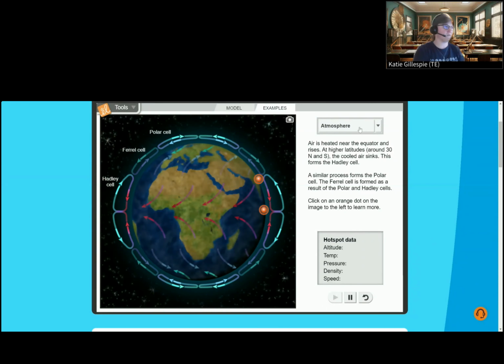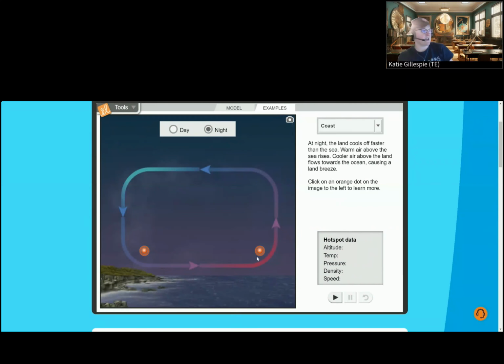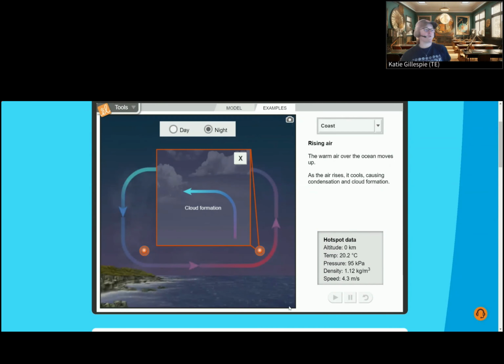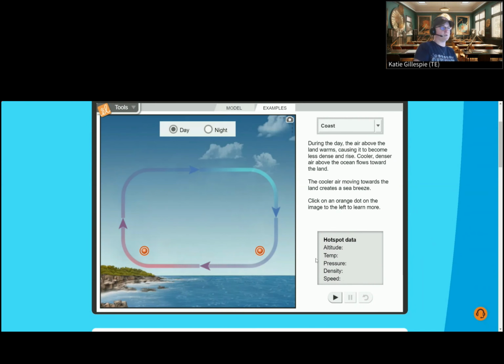And if we go back to over here, you can see that here. Cloud formation. So as it rises, underneath it creates low pressure. It vacates, creates low pressure. And bad weather, or rain, precipitation, is generally associated with those low pressure systems. Think hurricanes. Also, the opposite is true for cold.